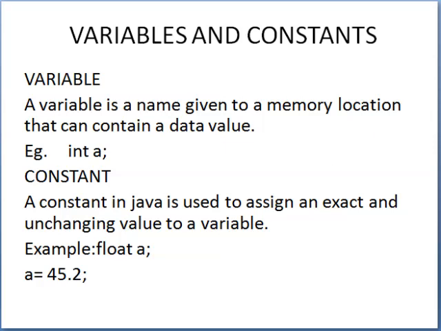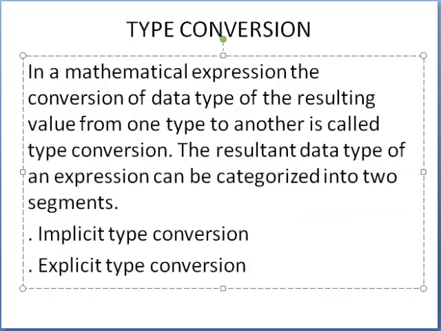Next is type conversion. In a mathematical expression, the conversion of data type of the resulting value from one type to another means, if it is an integer value, we are going to convert this integer value into float.